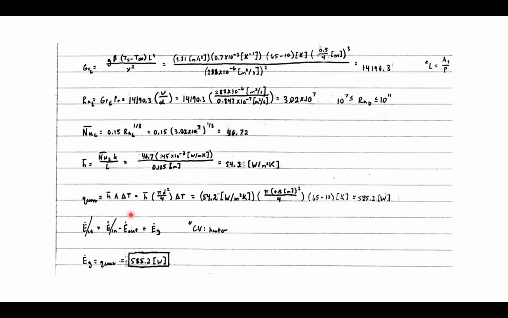And if we were to plug this into an energy balance using the heater only as our control volume, we get that the heater needs to produce a power value that is equal to the convection heat transfer rate. And so the power that the heater needs to generate is also 585.2 watts. And that is how you solve problem 9.028. Thank you.